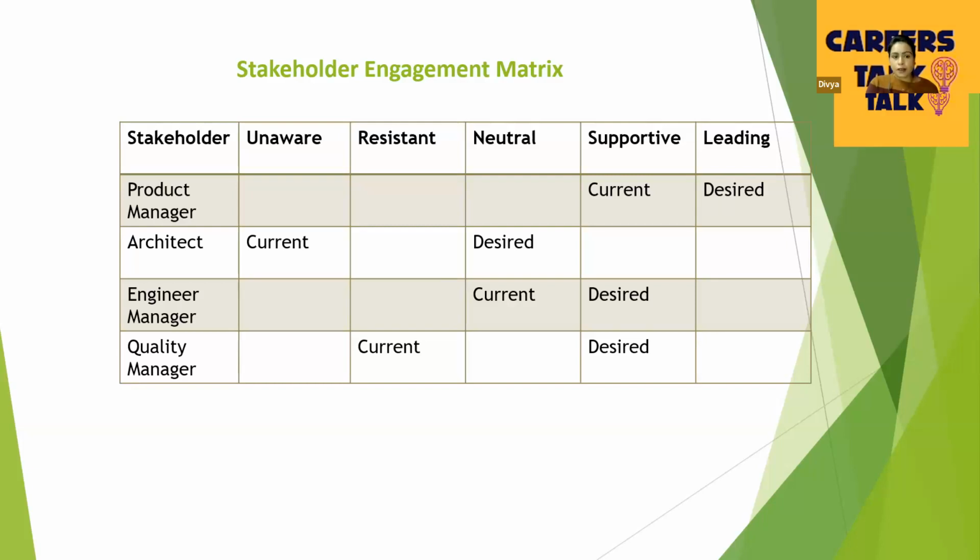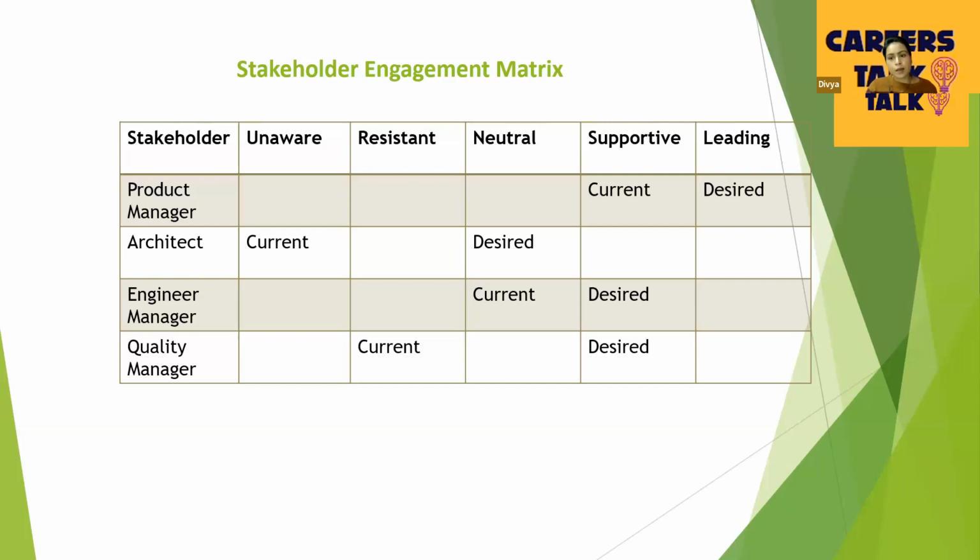Next one is resistant. These stakeholders do not want the change to happen. It might be a part of the change, or it might be the entire change. Then neutral.